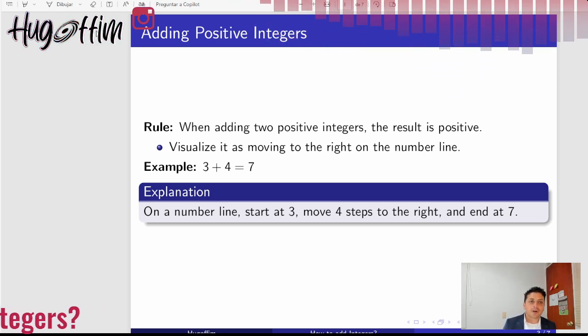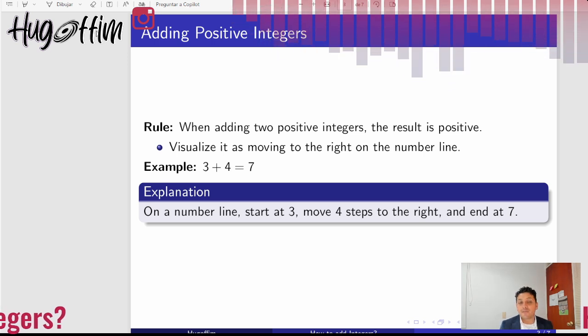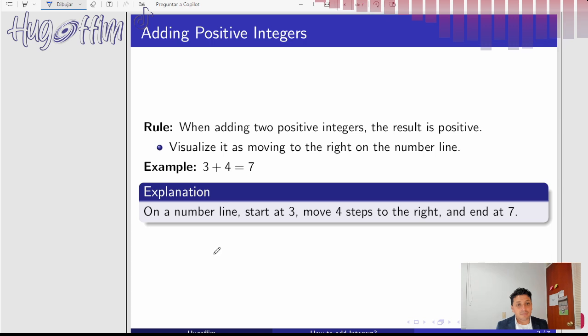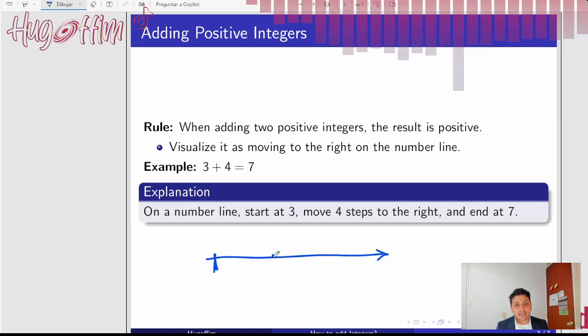Using the number line, we observed that if you add two positive integers, the result is always positive. If you have any positive number on a number line and you want to add another positive number, you move to the right.